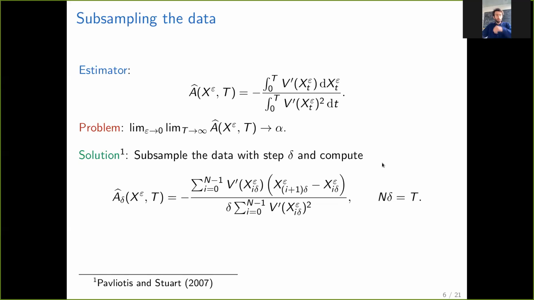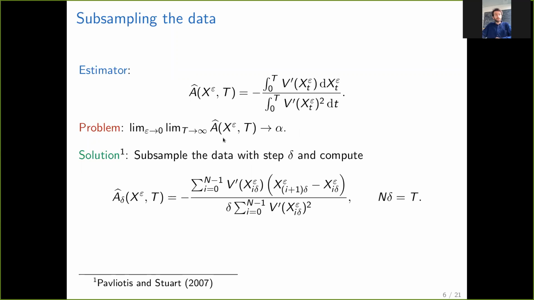So the solution is to compute a subsampled process: we take a discrete process, which is the sampling of the continuous process with some step delta. Then you compute an approximation of the estimator with some Euler-Maruyama kind of approximation for the integrals. At the numerator we are just doing an Euler-Maruyama approximation, and at the denominator we are just using the left rectangle rule to approximate this integral.